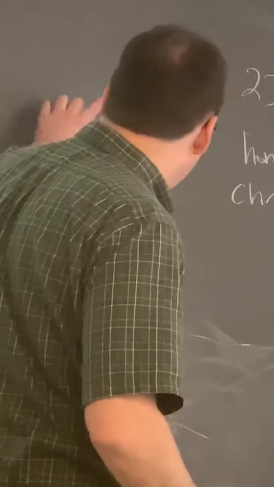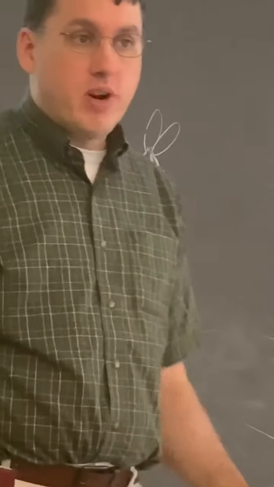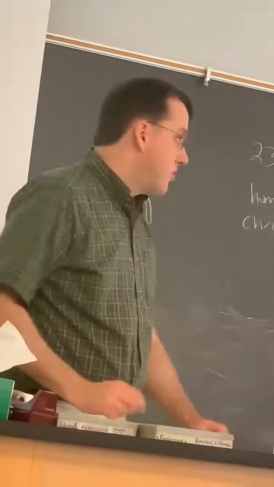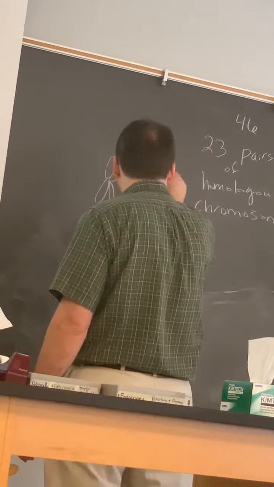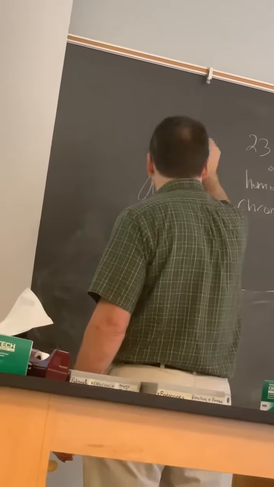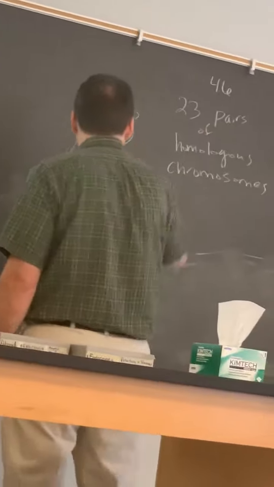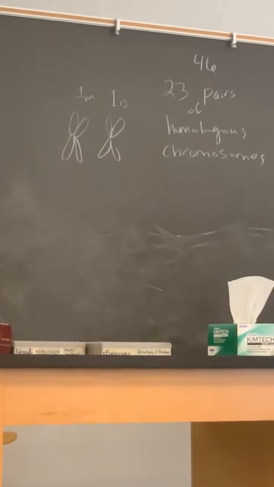There's 2 copies, 2 chromatids attached to each other. You may recall that structure where they attach is called the centromere. Okay, so this will be, let's say, chromosome 1 for mom, that's 1 sub M, and this is 1 sub D, right? Chromosome 1 for mom, chromosome 1 for dad. That's what those look like.